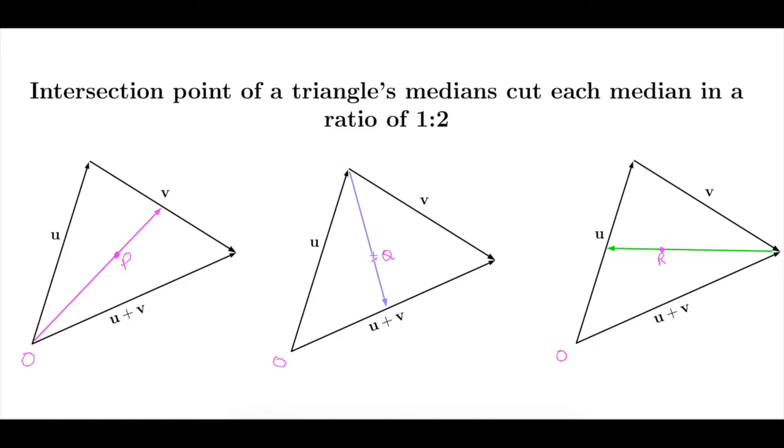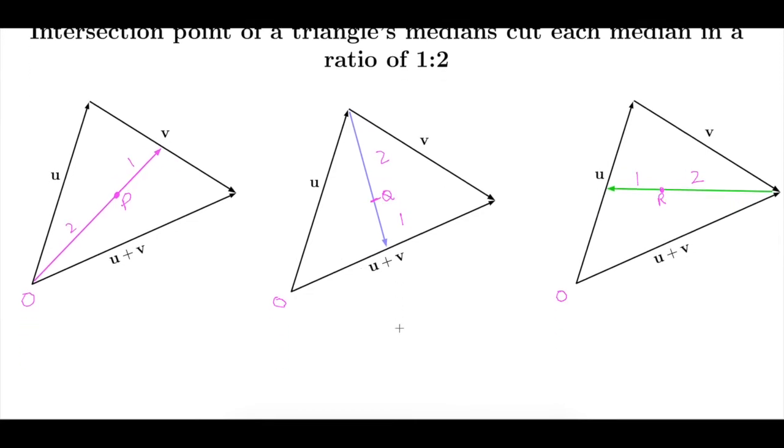Now these P, Q, R are chosen so that they are 2/3 the way from their starting point. So in other words, if this length is 2, this is 1. If this is 2, this is 1. If this is 2, this is 1. Okay, so let's now start our proof.